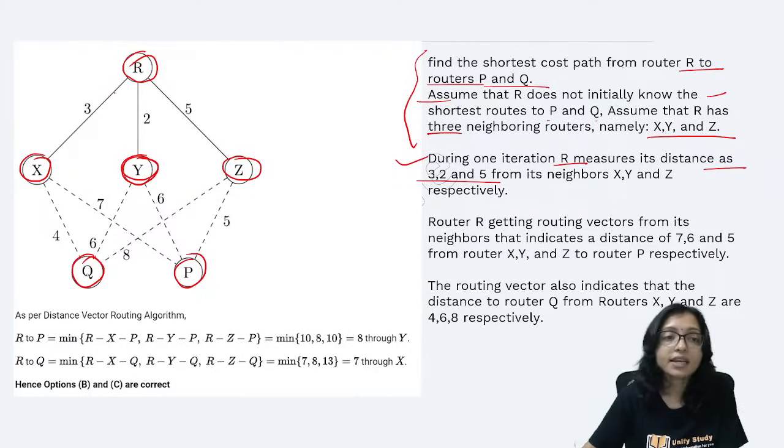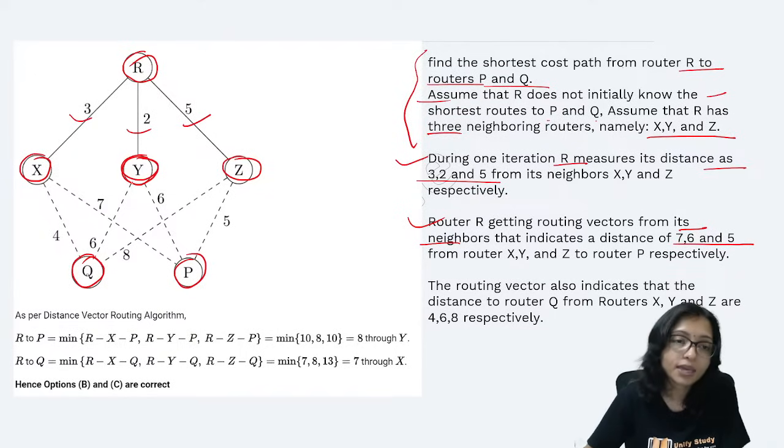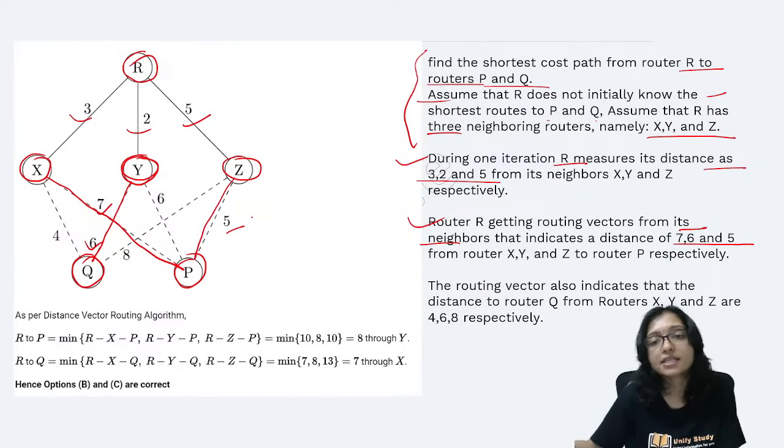So here this is 3, 2, 5. Router R gets the routing vector from its neighbors indicating the distances 7, 6, 5. This one is 7, this one is 6, and this one is 5. That is 7, 6, 5.